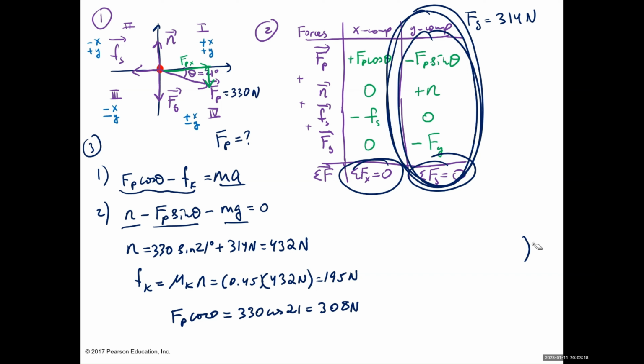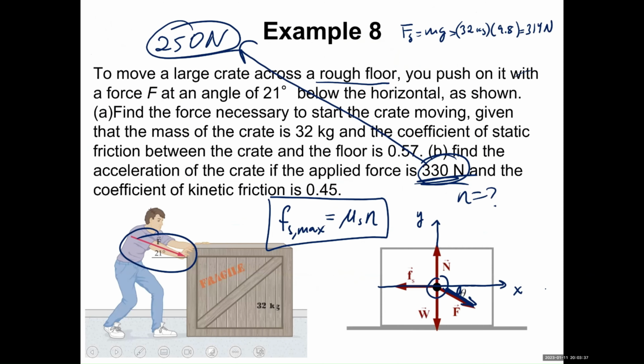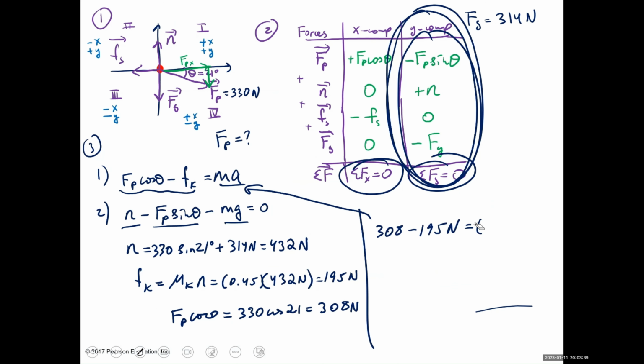Now in the x direction, you have this 308 Newtons pushing to the right, and it's opposed by 195 Newtons of friction, which is basically this equation. And this equals mass times acceleration, where mass here was, I forgot, sorry, what was the mass? 32 kilograms. Mass here is 32 kilograms, times acceleration.